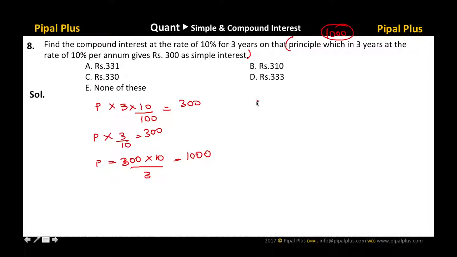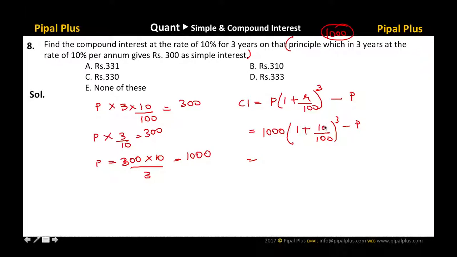So now it becomes fairly simple. The compound interest is equal to the amount, which is P times 1 plus R percent to the power 3 years, minus P. So the principal is 1,000 rupees, and this is 10 by 100 cubed, minus P. Now we know that this bracket is 1 plus 1 by 10, or 11 by 10. So 1,000 into 11 by 10 cubed, minus P. Sorry, this P is 1,000 as well.